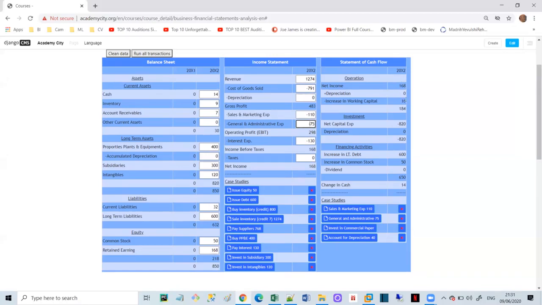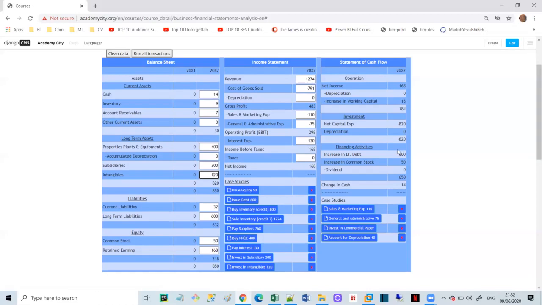We reduced the working capital, so the cash generated from operations was only 184. We used a lot of money for long-term assets. What are long-term assets? Just to remind you, long-term assets are property, plant, and equipment. We invested in subsidiaries. We invested in intangibles like a patent. So we used a lot of the money, but the profit wasn't enough.